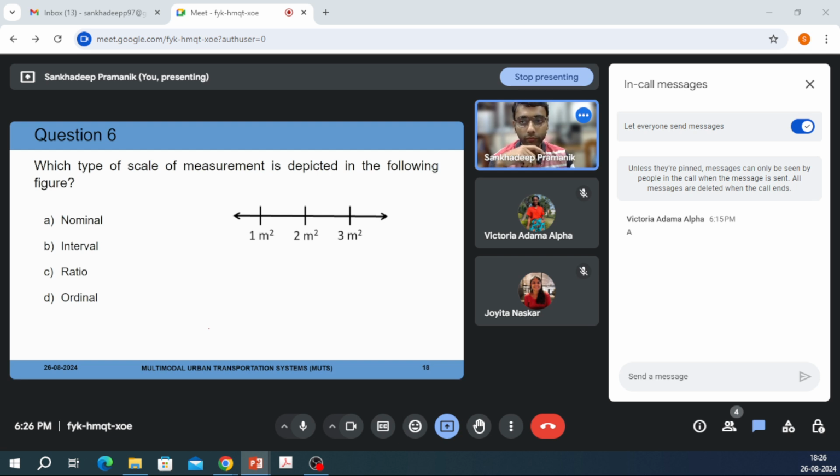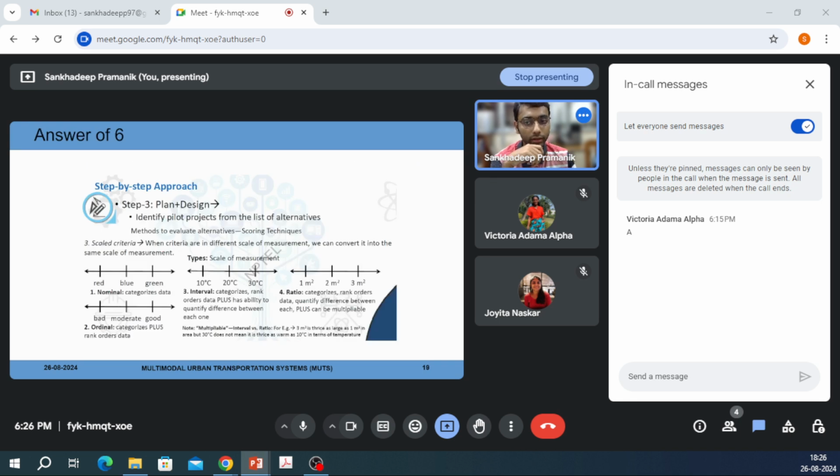Next is, which type of scale of measurement is depicted in the following figure? So nominal scale is like some name, red, blue, green.